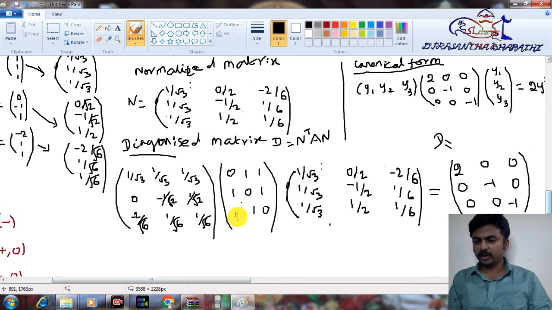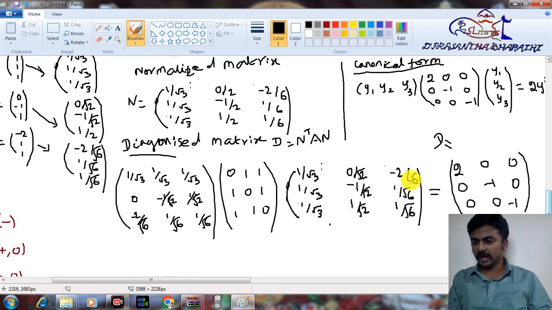If I actually multiply these terms without root, definitely I will not get this term. So I am advising my students, please don't multiply these three matrices in examination.